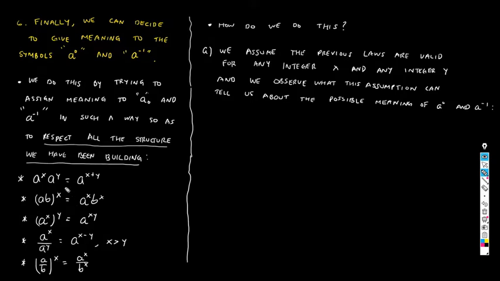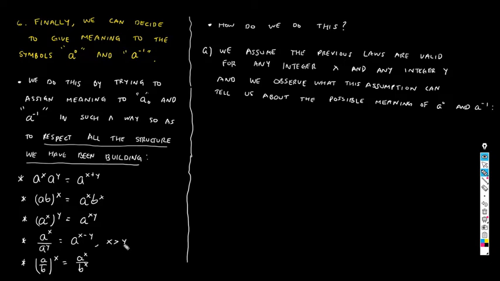This structure, guys, the laws of exponents that we have already demonstrated, but only in the case that x and y are positive integers. And in particular, for this law, we have another restriction. We need x and y not only to be positive integers, but also we need x to be specifically greater than y.